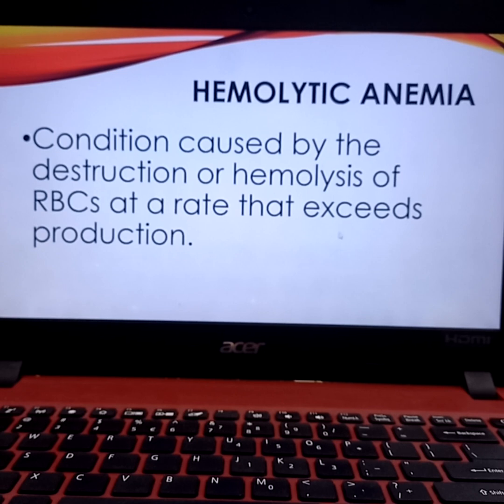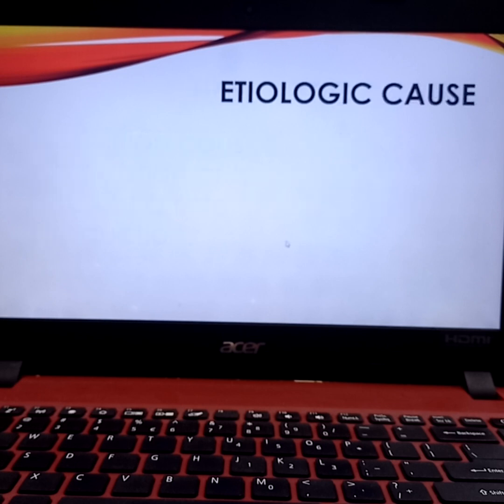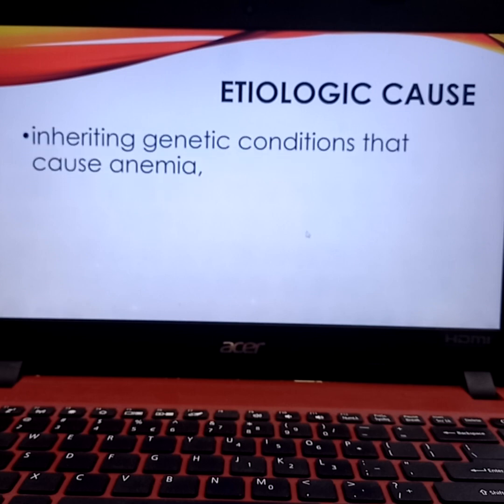So what are the common causes of hemolytic anemia? These are the etiologic causes that can lead to hemolytic anemia. Number one is inheriting genetic conditions that cause anemia. Basically, this is a genetic cause. There are instances wherein you inherit a certain condition from your parents, and these are your hemolytic anemias.